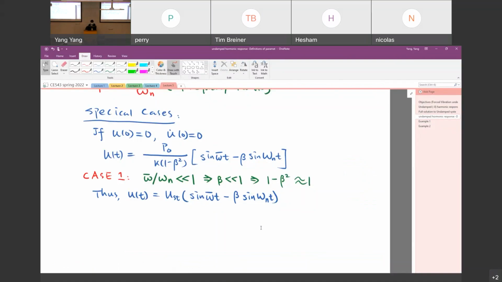And the case 2, if omega bar is much larger than omega. So in this case, beta is much larger than 1.